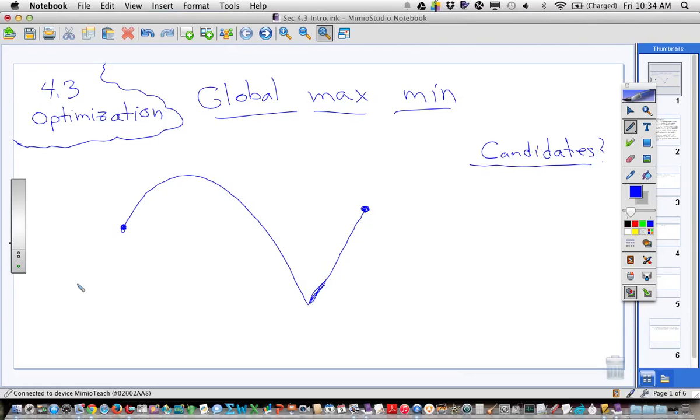Overall, I think it's a little easier, but it's focused more on the application side of things. This is one of the things they focus on a lot more, this idea of optimization. Optimization means an optimum, a desirable outcome. Mathematically, that typically means a max or a min.